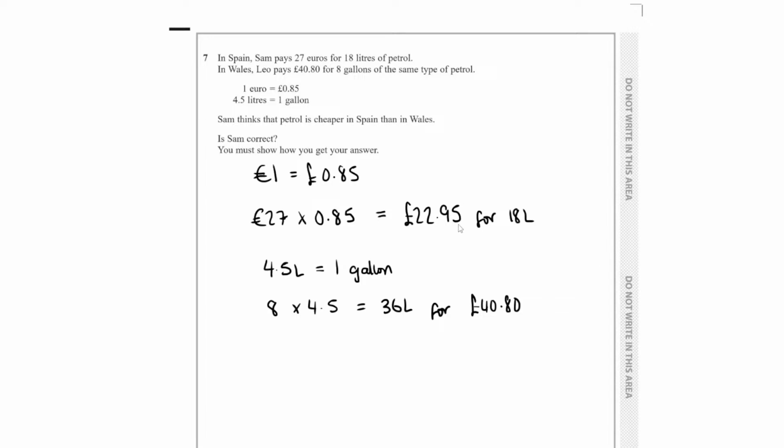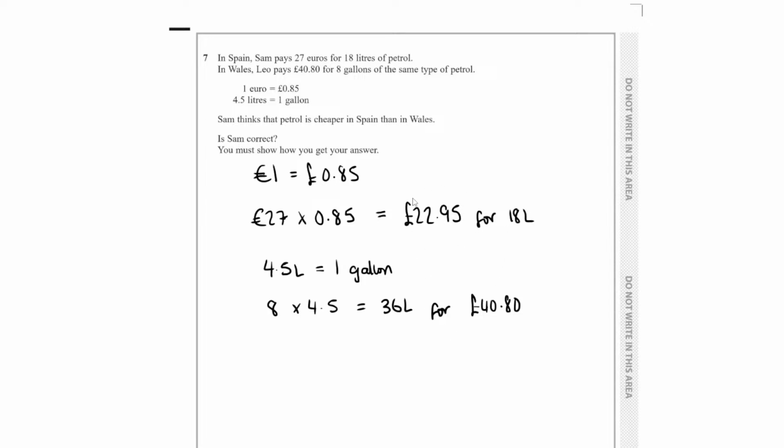The last thing is that they're not the same quantity, are they? So again, I can't really compare it straight away. What you can do is then work out, there's multiple options. Do you want to know how much 1 litre costs for Spain and therefore how much 1 litre costs for Wales? Or you could go, well, I know that 36 is double 18.